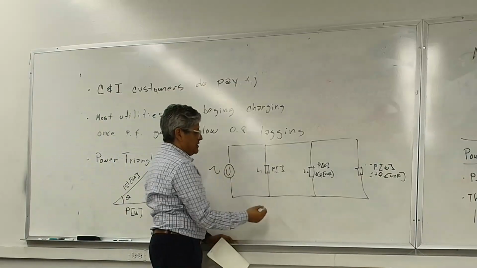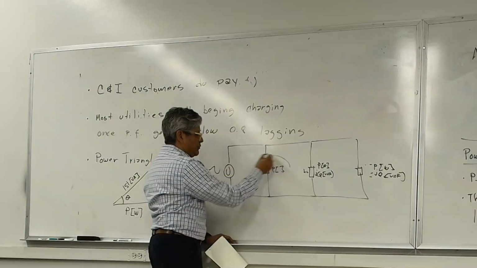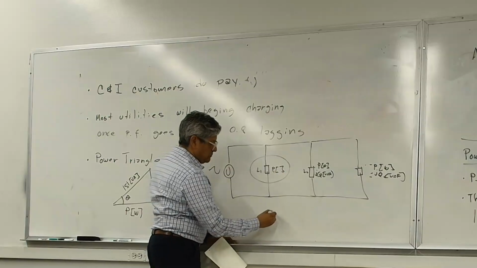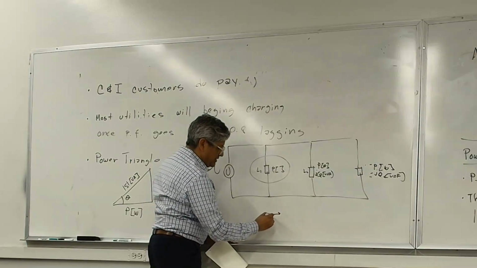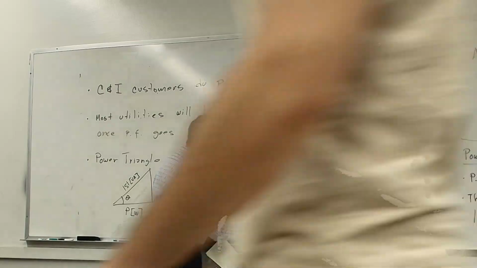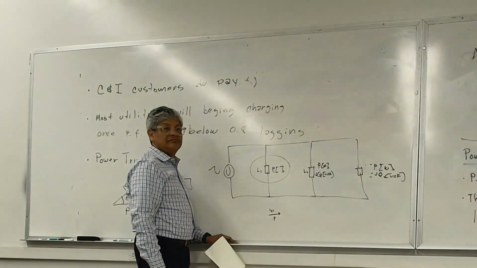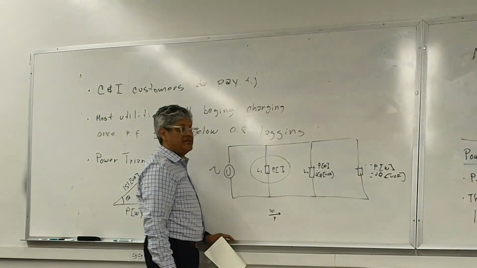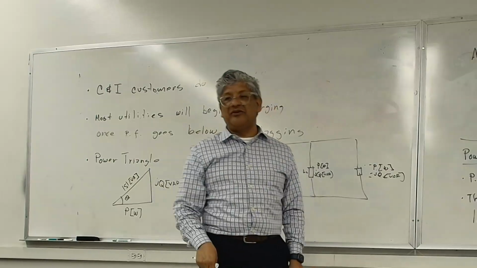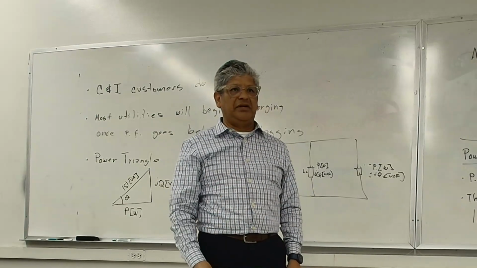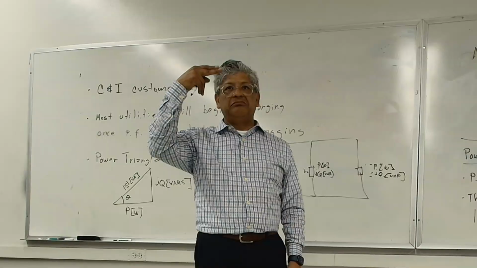You can say, well, the power triangle for load number 1 that is purely resistive, there's no triangle because P and S are the same. What is the angle between the voltage and the current for the purely resistive? 0, so there's no angle.